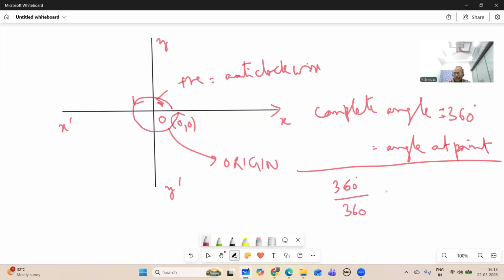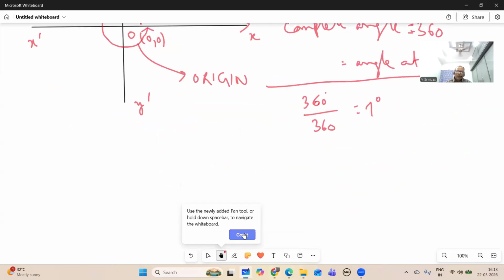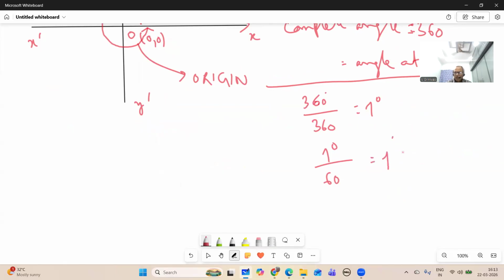So what we get is 1 degree. Okay, and then we subdivided this 1 degree into 60 equal parts, and then we got 1 minute. This is called 1 minute. Okay, and then we subdivide this 1 minute into 60 equal parts. Each is called 1 second. Okay, this is what we did yesterday, right?